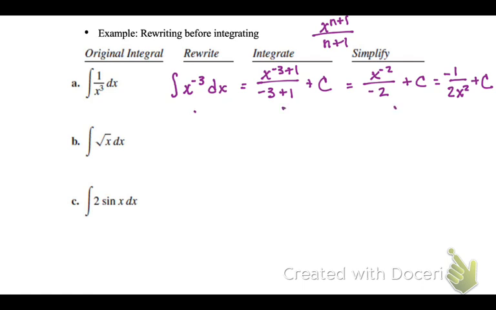Those are the steps. Okay, so how can we write the integral of the square root of x dx? X to the half dx. So this is my power rule that I'm using, right? Forgot my plus c.